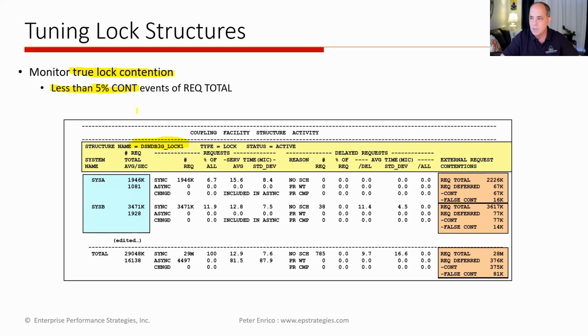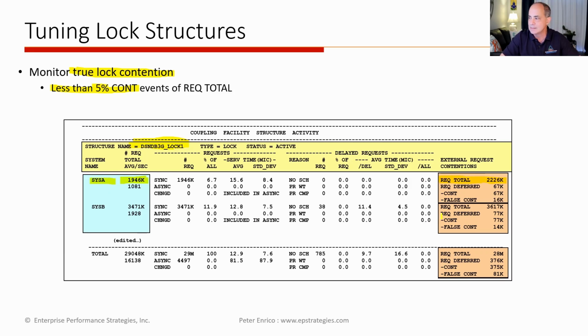So looking at this chart for this one structure, let's say for system A, we know the number of requests being made by SCS. Over here on the right, we have additional numbers. Request total here is a larger number than the number of requests on the left.